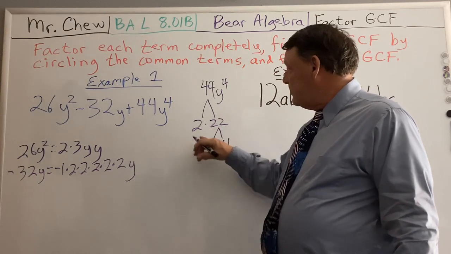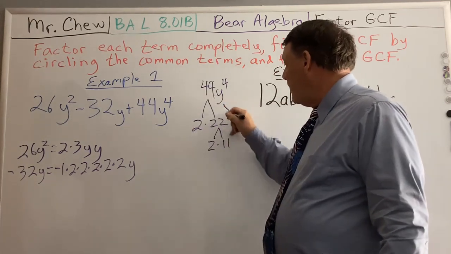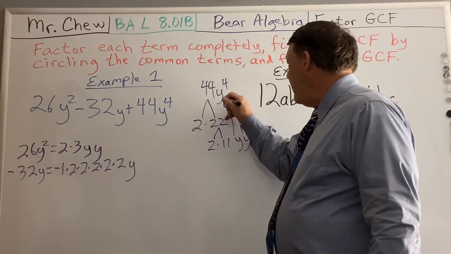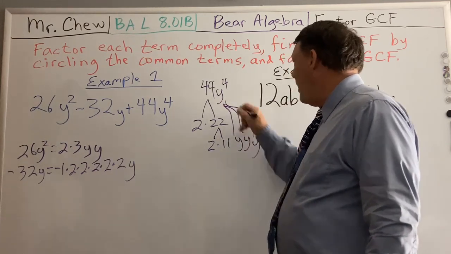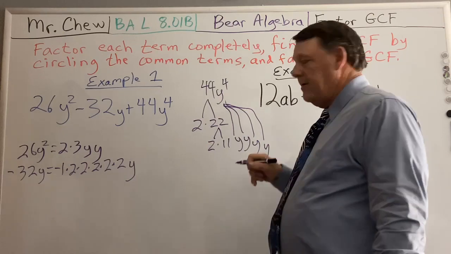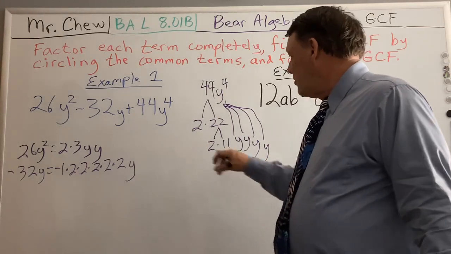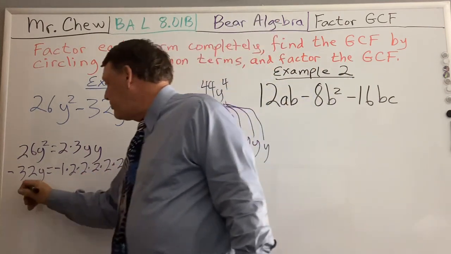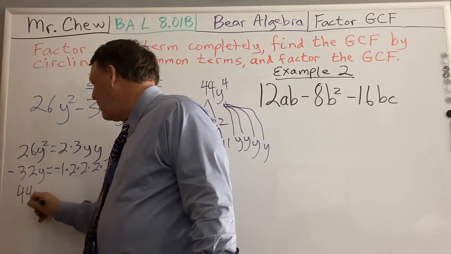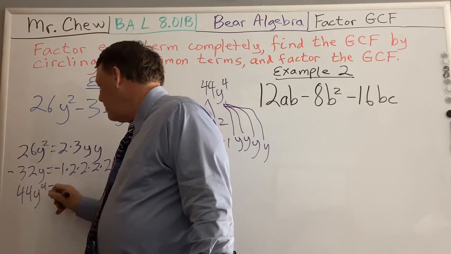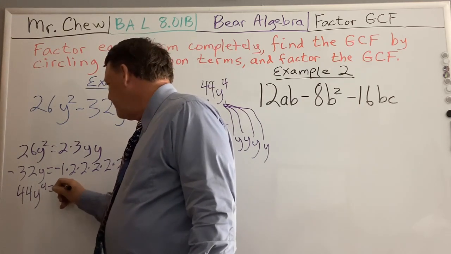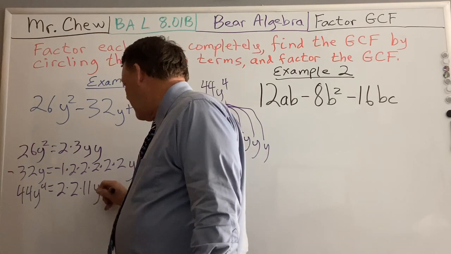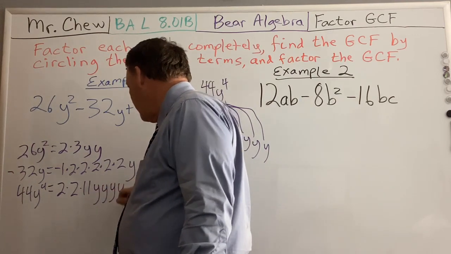And 11 times 2 times 2 will give me my 44. And we have a y times a y times a y times a y. So underneath these two, I can write the other term, which is 44y to the 4th, which equals 2 times 2 times 11 times y, y, y, y.